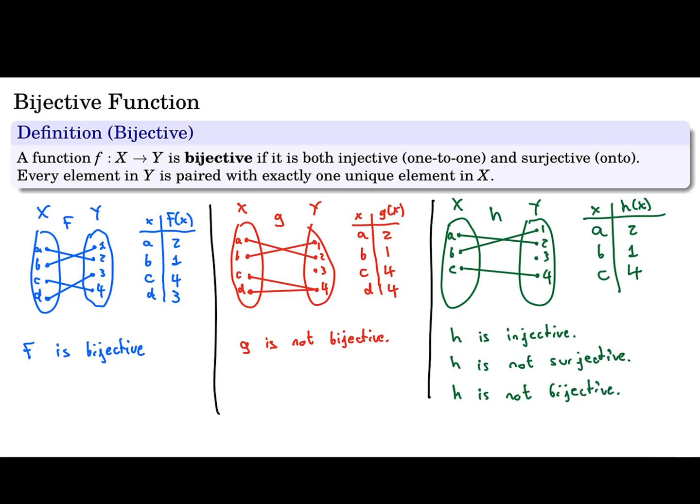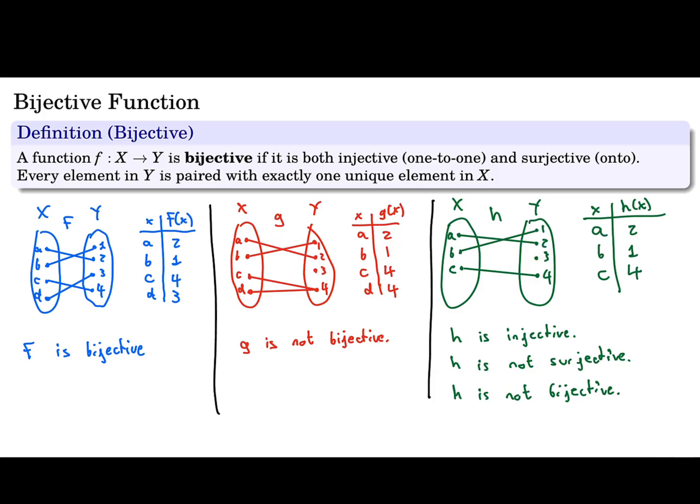So you can have an example where you fail only one. You can have injective but not surjective. You can also have something that's surjective but not injective, and so on. Once again, if you think about bijective in this way, every element in Y should be paired with exactly one element in X. So 1 is paired to B, 2 to A, 3 to D, 4 to C. Here this fails, 3 is not paired to anyone, and same thing here.